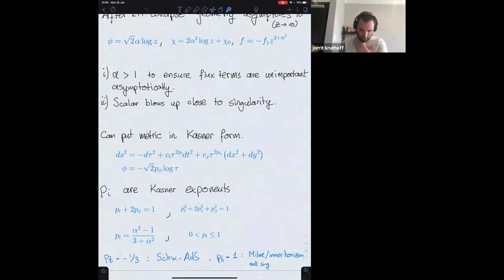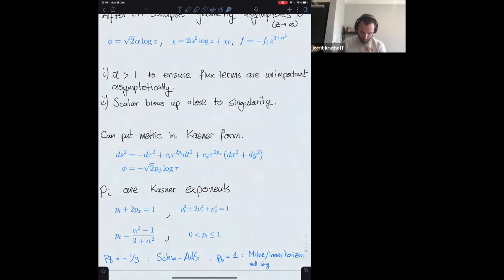So alpha is basically the coefficient of the log of the scalar field, and pt will be given by this formula. And so pt determines the behavior of the g_tt component, and because this alpha was bigger than 1, this pt is between 0 and 1, for these particular charged black hole geometries.